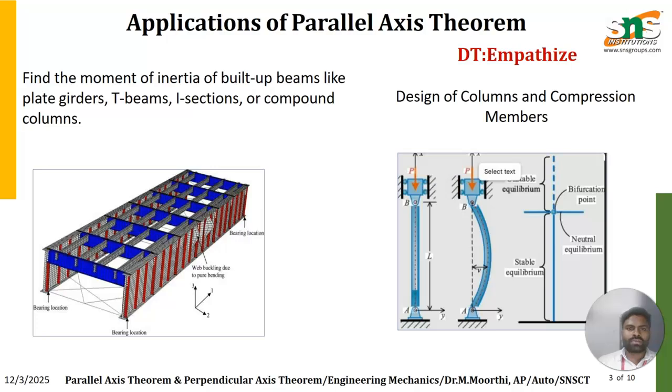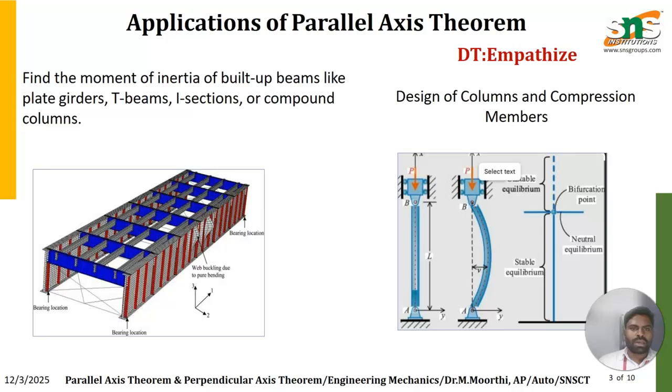Now some applications of the parallel axis theorem. It is used to find the moment of inertia of built-up beams like plate girders, T beams, I sections, and composite columns. This is the practical application we have seen on this screen.